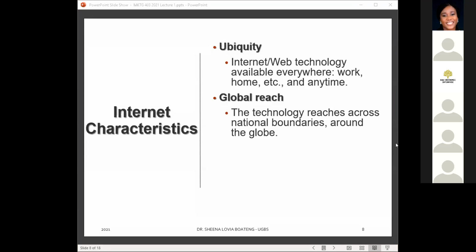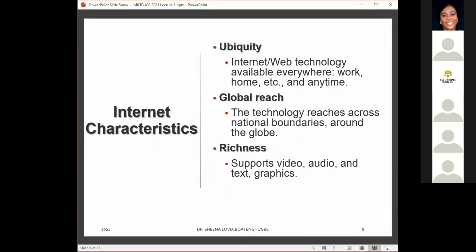Through the technology, you can reach across your boundaries and get in touch with such customers and serve them as if they were physically within your geographic region. And that is one important reason why the global reach of the internet facilitates e-marketing activity.